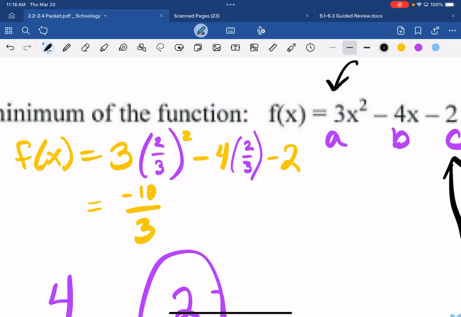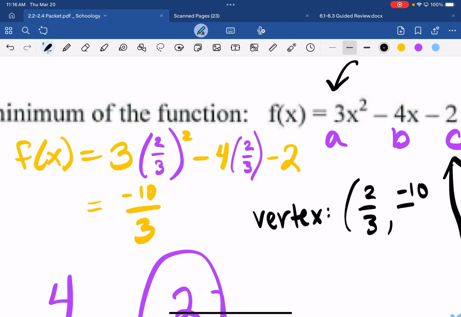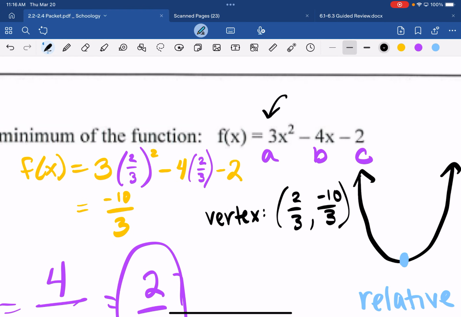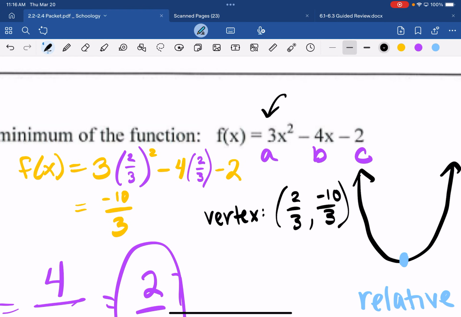So my whole vertex is 2/3, negative 10 over 3. And then we're going to specify that even more because while we know it's the vertex, we also know that it's a relative min, okay?